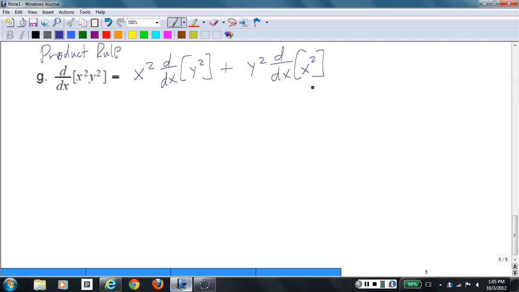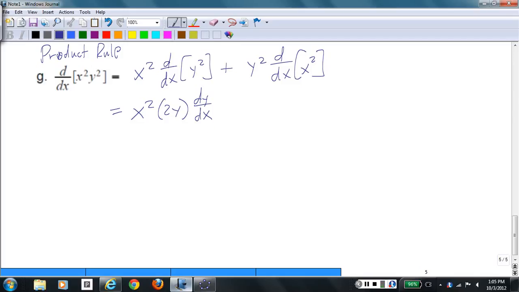And then the individual derivatives that we have to find, we find them just like we found them in the previous examples on that page. So this is x squared. All right, d dx of y squared. Derivative, 2y times, there we go, 2 times that something times the derivative of that something with respect to x.